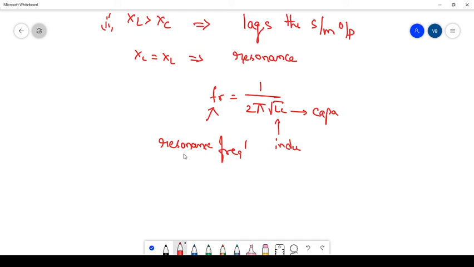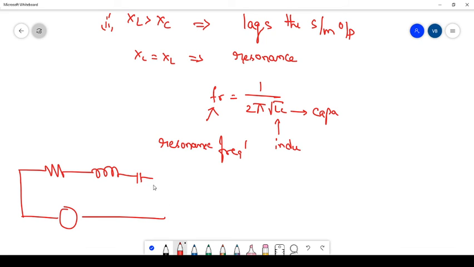So can we calculate the resonance frequency for any given problem? So let us take a circuit which has one resistor, one inductor as well as one capacitor. Here I am going to connect the source. So resistance value let us take 50 ohms.